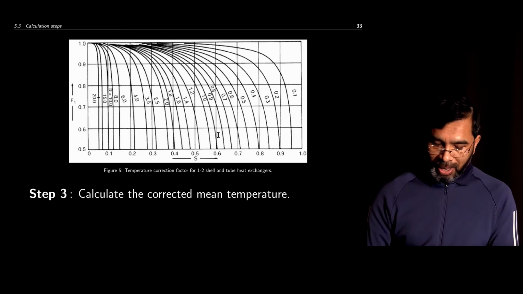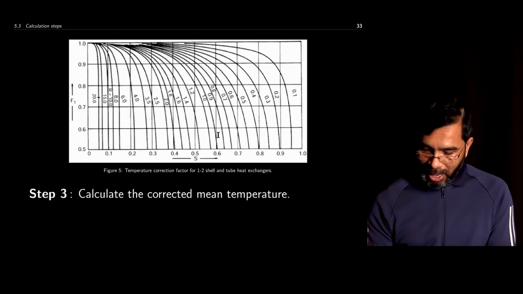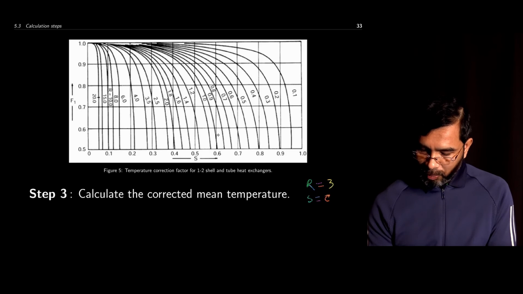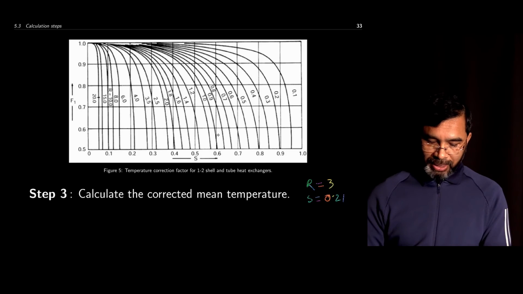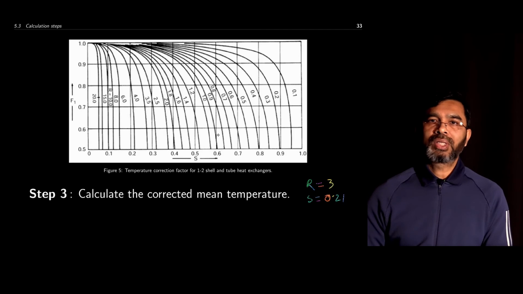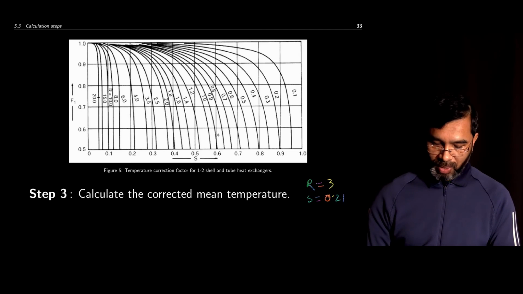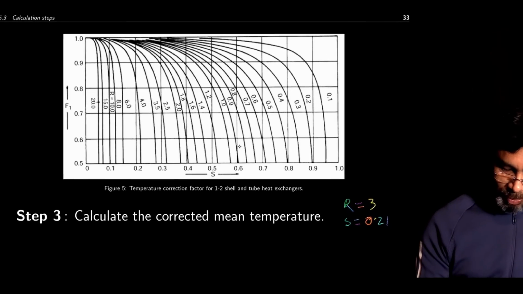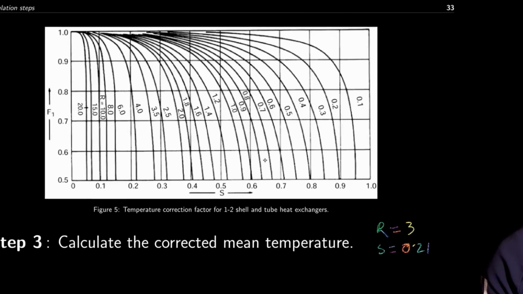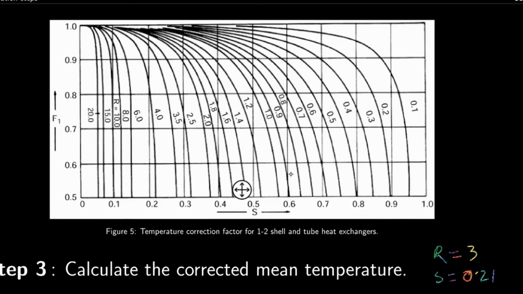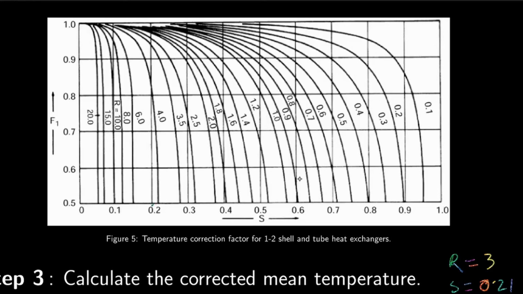We have a value of R and S. R we got as 3 and S we got as 0.21. So remember that the value of S is always less than 1, the value of R can be less or greater than 1. So now we have the value of S to be 0.21. If this is 0.2, this is 0.3, so 0.21 will be somewhere here.